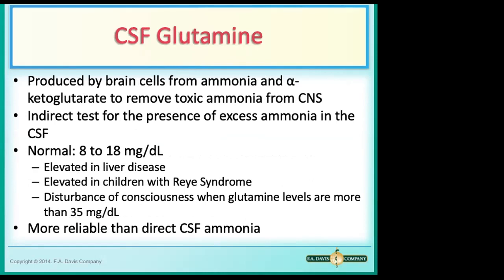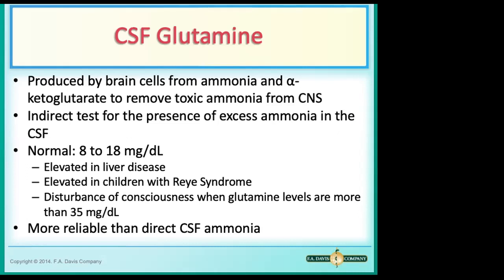Excess ammonia in the central nervous system also increases glutamine synthesis. So determining the CSF glutamine gives you an indication of the presence of ammonia in the CSF.